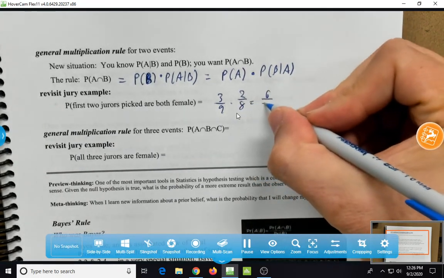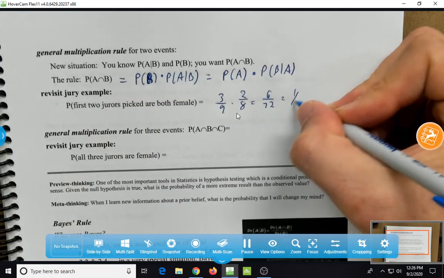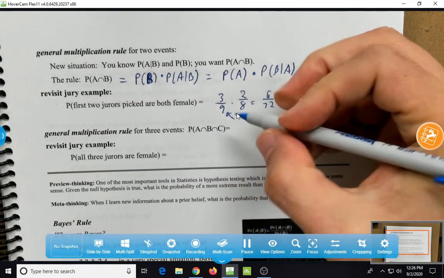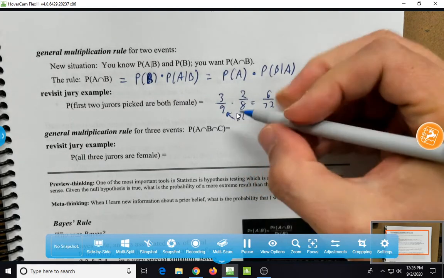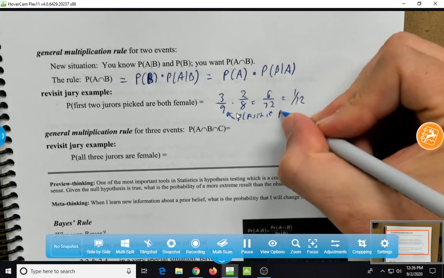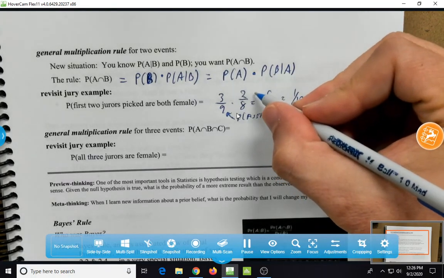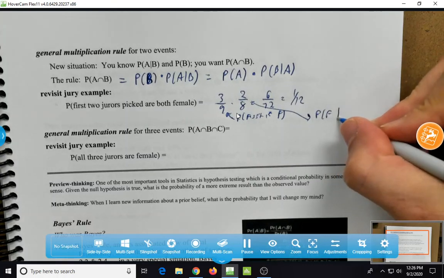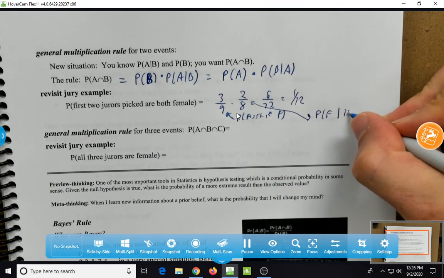And so 6 out of 72, or 1/12. So again, this part right here is the probability that the first is a female, and the second one is the probability of female given the first is a female.